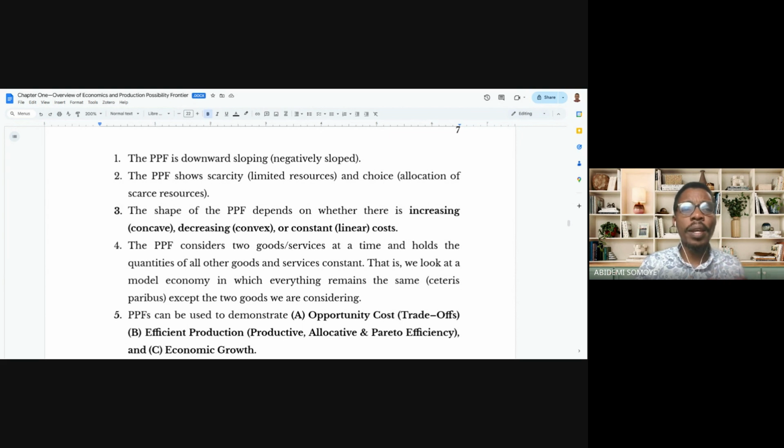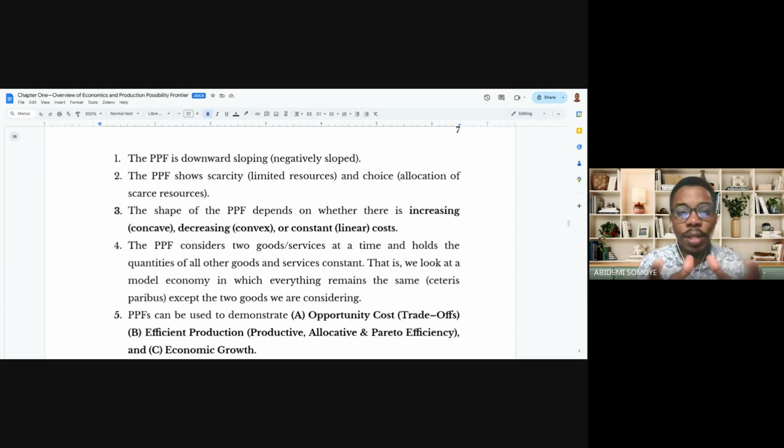Okay, so the reason why, if you look at economic models, sometimes we just have X and Y, or we are taking a look at two variables on a graph, or three variables, or four variables. We, as economists, try to simplify models as much as possible so that we can arrive at the conclusion needed to solve a particular problem, or to prove a particular point, or to explain a particular theory.